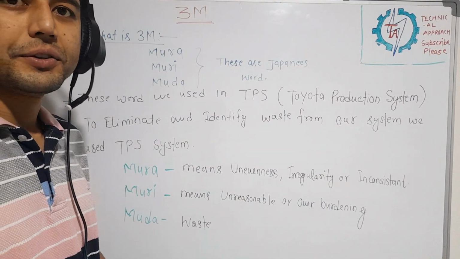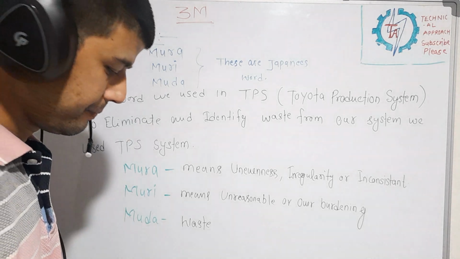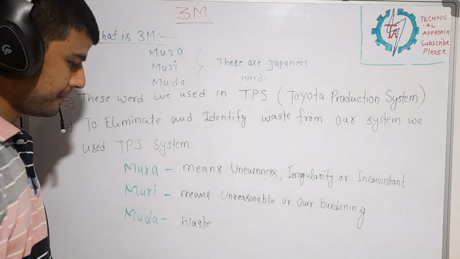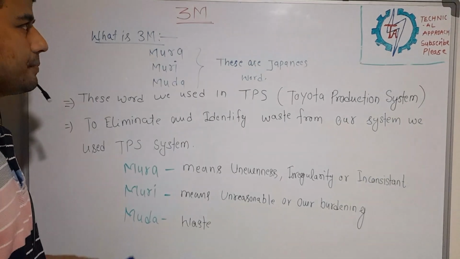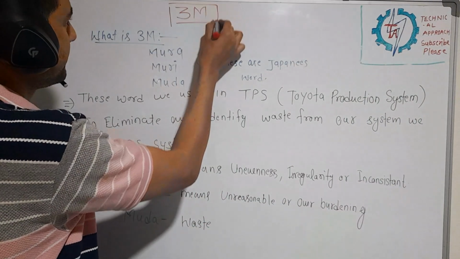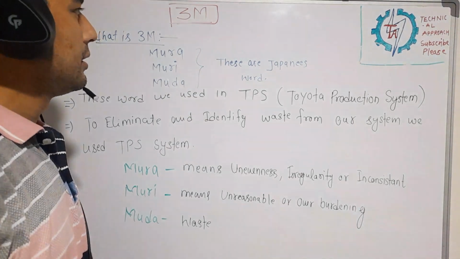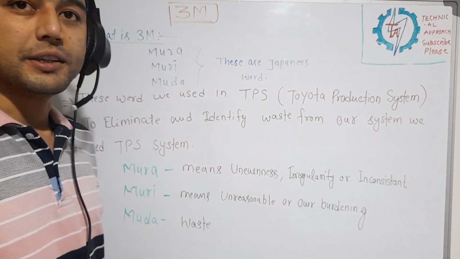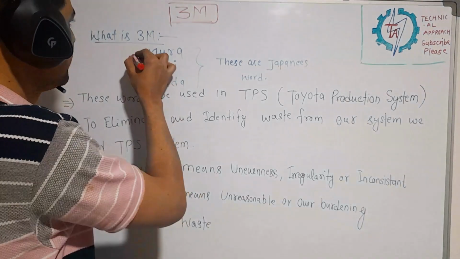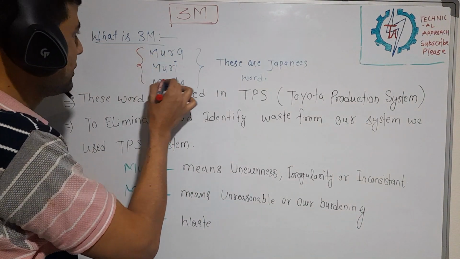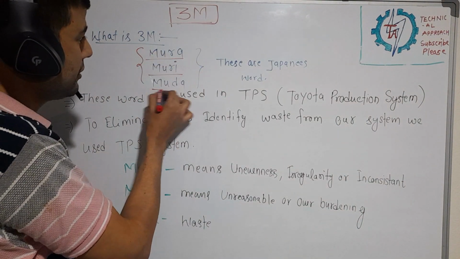Today my topic is 3M. Let's start. What is 3M? 3M is a Japanese word. There are three words: Mura, Muri and Muda.